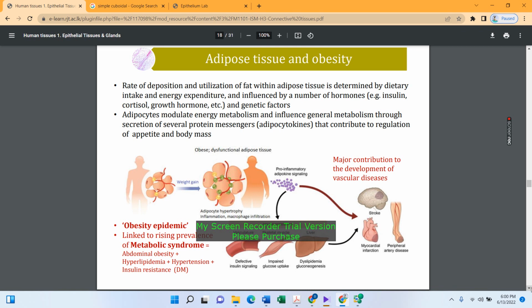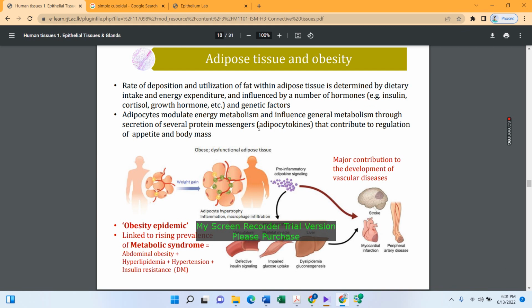So as you can see, the rate of deposition and utilization of fat in adipose tissue is determined by this.